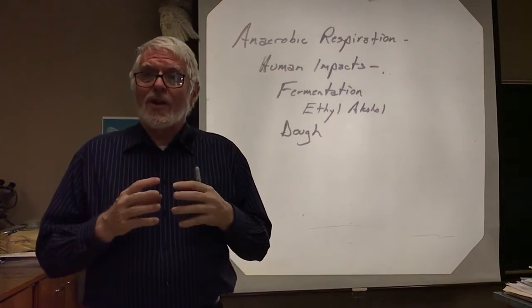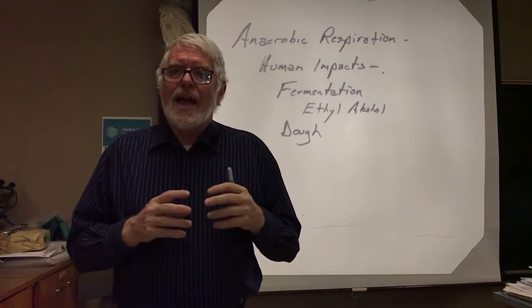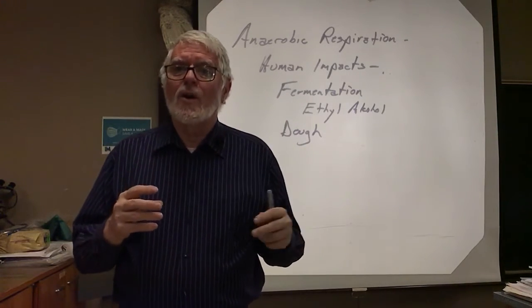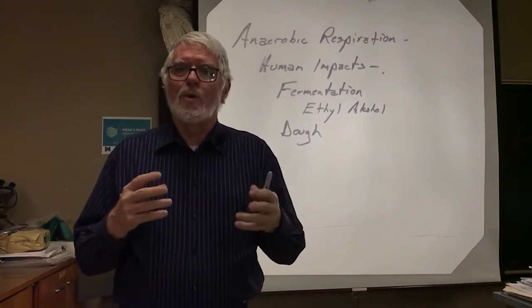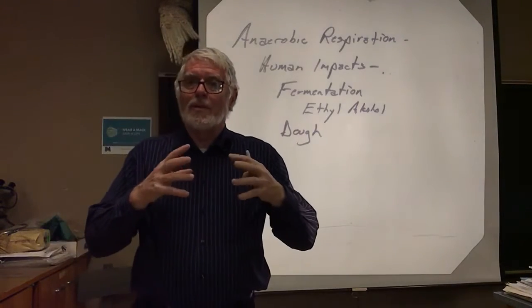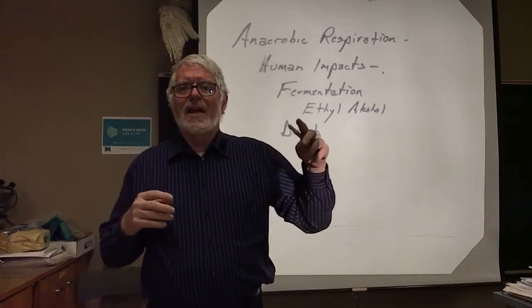They start to break down the carbohydrates in the flour, and they do a type of anaerobic respiration that produces a little bit of ethyl alcohol, which evaporates pretty easily because it is warm, and a lot of carbon dioxide, and that forms the bubbles that make the dough rise.